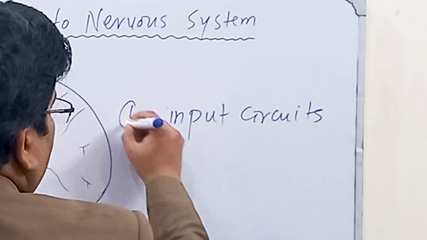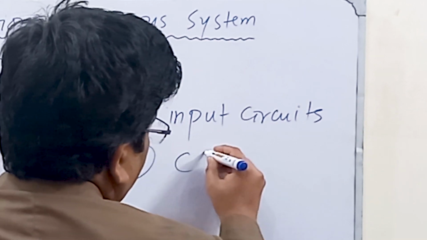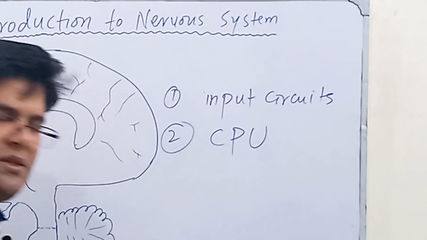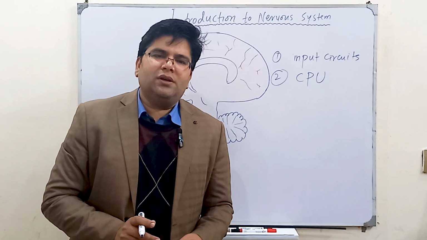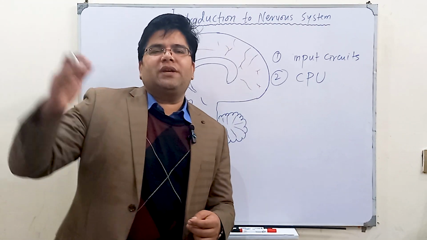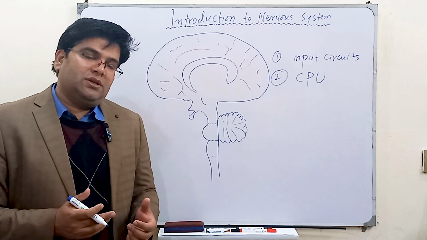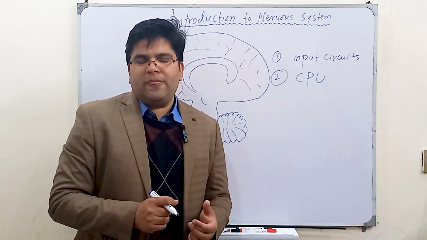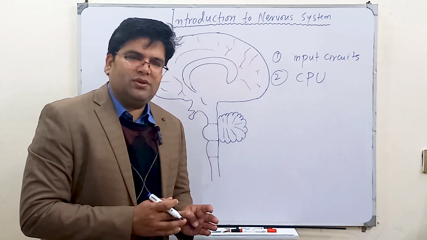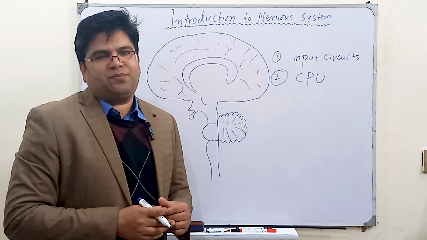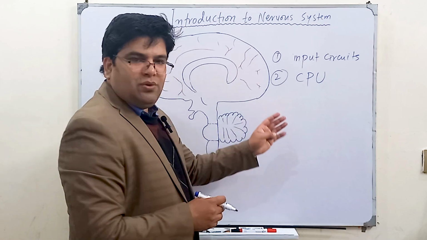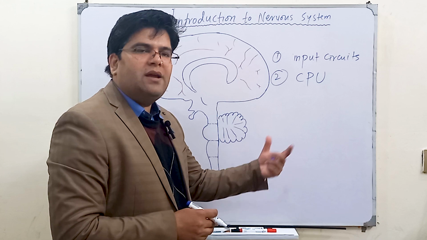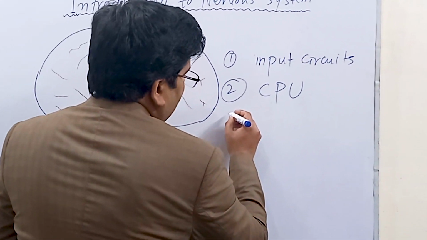Then in our computer, we have central processing unit. This central processing unit is very similar to our higher brain centers, like our cerebral cortex, which stores information and also processes information to generate an appropriate response. So CPU is similar to our higher brain centers like cerebral cortex.